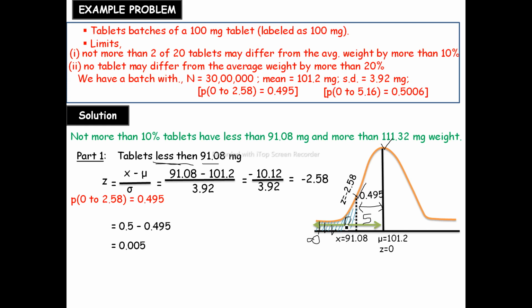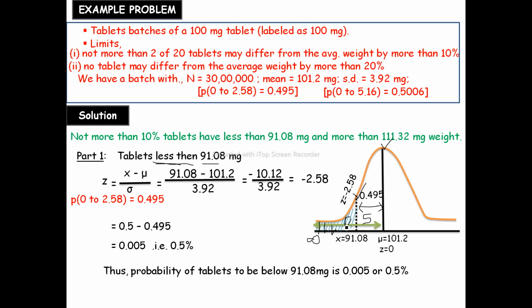Blue shaded area means it is the area for less than 91.08. So you got the value 0.005, that is 0.5%. So you can say the probability of the tablets to be weighed less than 91.08 mg is 0.005, or simply 0.5%.